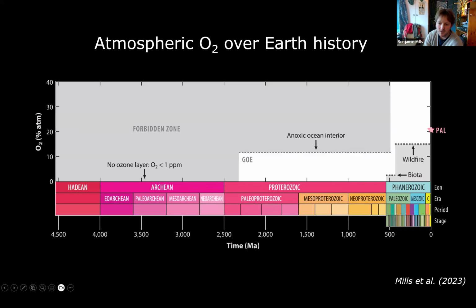We think we have a very good idea that oxygen levels are very low before the Great Oxidation, so the Paleoproterozoic and before. This is because of mass-independent fractionation of sulfur, which shouldn't really happen when we have an ozone layer. So we're quite certain about this constraint. The other constraints are a little more shaky, but we're pretty sure that oxygen rose quite a lot, several orders of magnitude, during the GOE.